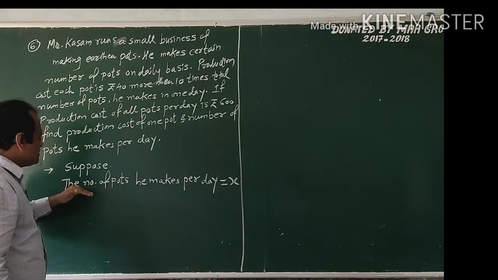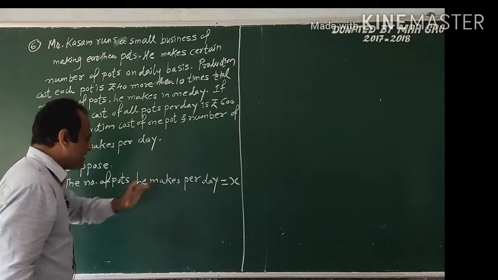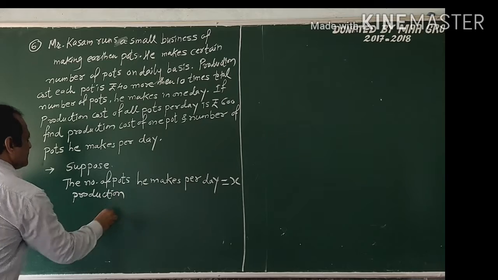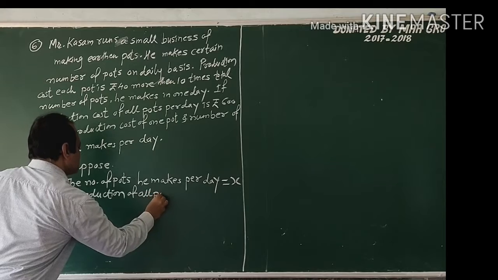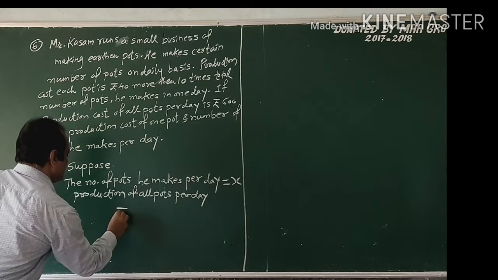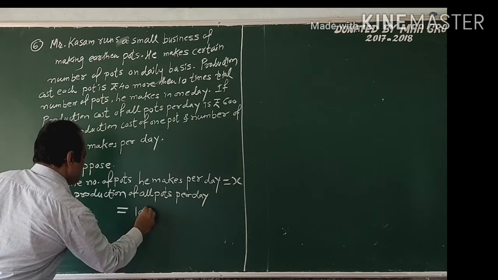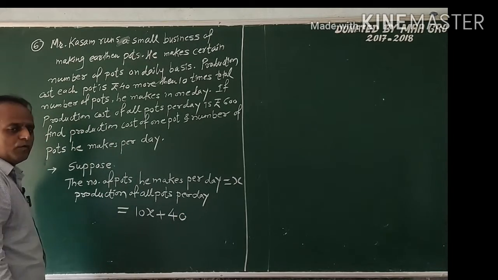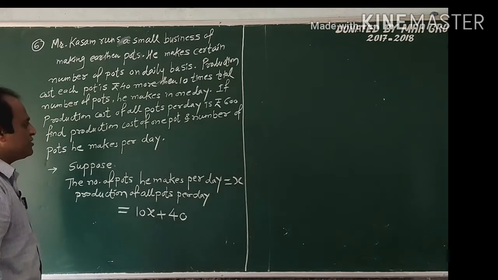We have supposed the number of pots he makes per day is equal to x, and that's why the production cost of each pot is 10 times the number of pots plus 40 rupees more. That means 10x plus 40. Hope you understand. Now let's proceed.